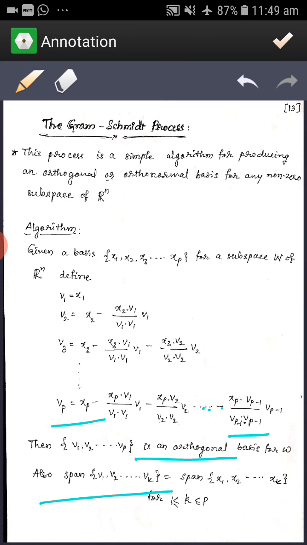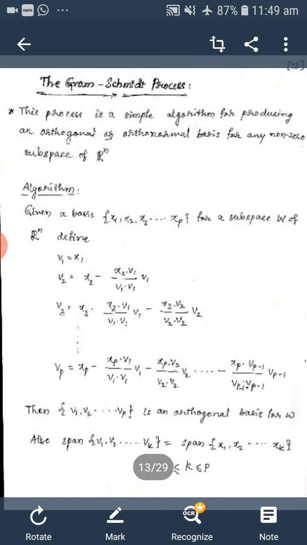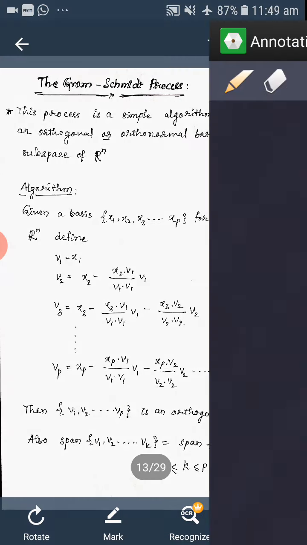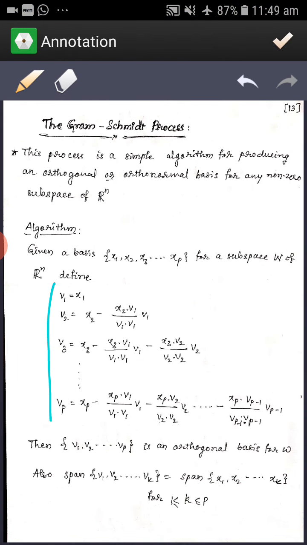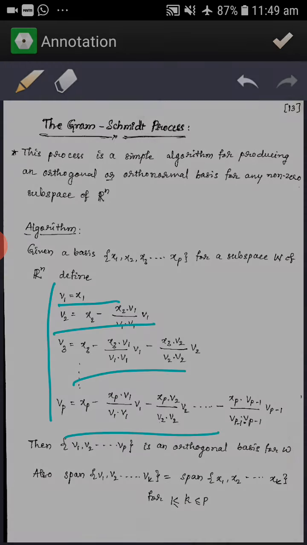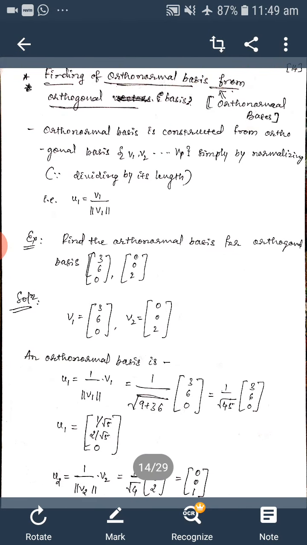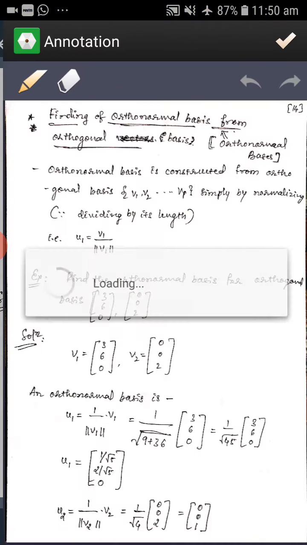When we have the orthogonal basis, we can calculate the orthonormal basis by calculating the unit vectors. This is the Gram-Schmidt process, in which we calculate the orthogonal basis by using this equation. Now we'll take some examples.